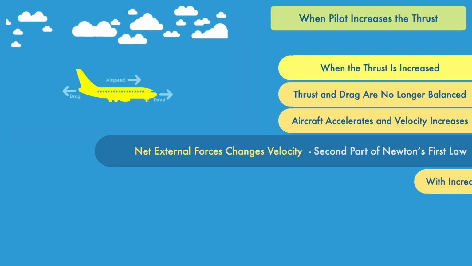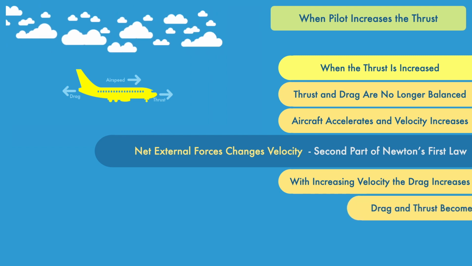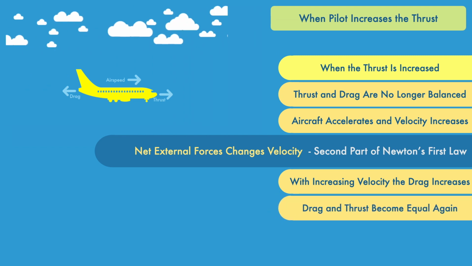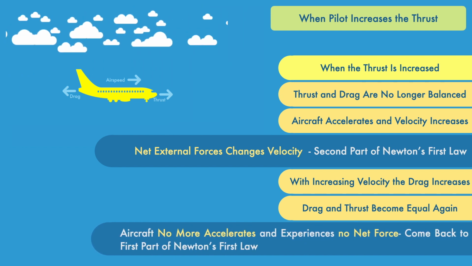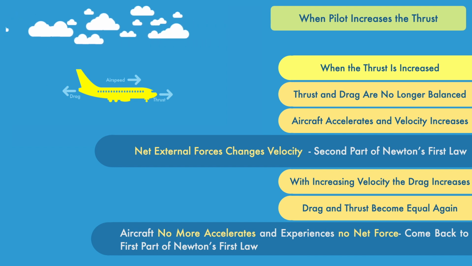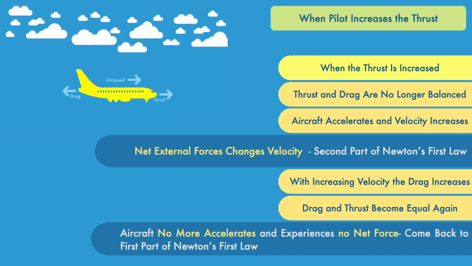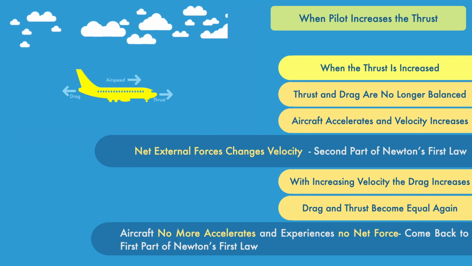As the velocity increases, the drag also increases. When the increased drag equals the new thrust level, the forces balance out again, and the acceleration stops. The aircraft maintains a new constant velocity which is greater than the initial velocity. Now we are back again to the first part of the law, with the aircraft traveling at a constant velocity.